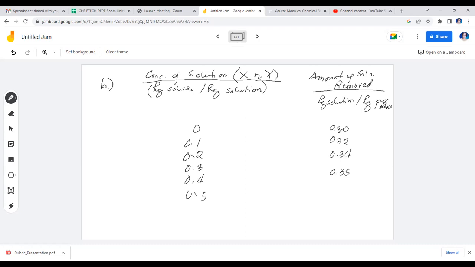0.02. So this must be 6. So we have 6 and 0, 1, 2, 3, 0.38, and 0.4.